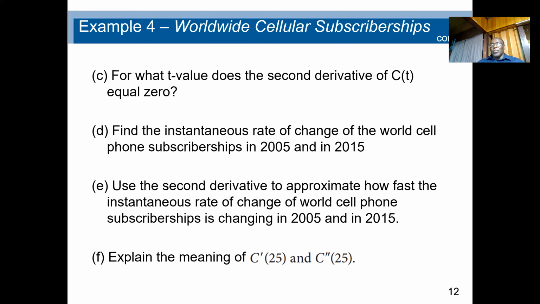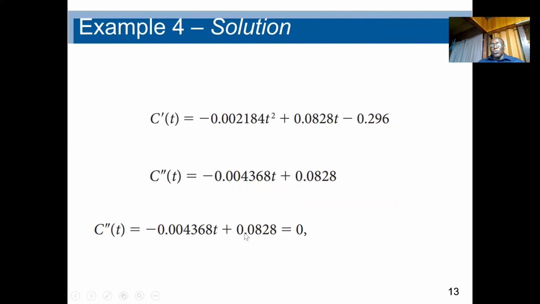So find the second derivative of c at t, then equate it to 0. Then you find the t value, and that's what we did here. If we get a second derivative, then we equate it to 0. Then we look for the t.